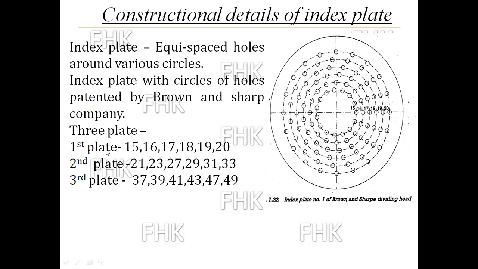If you attach the first plate, you can select the 15 hole circle and 17 hole circle, or 15 and 19, or 15 and 20, or 16 and 20. Whatever combination you select should be present on that same plate. So you are using two different hole circles in compound indexing, as per your calculation.